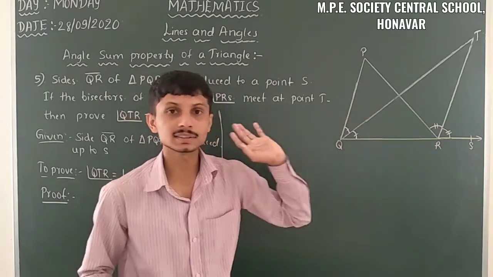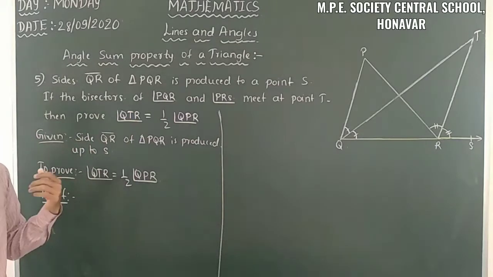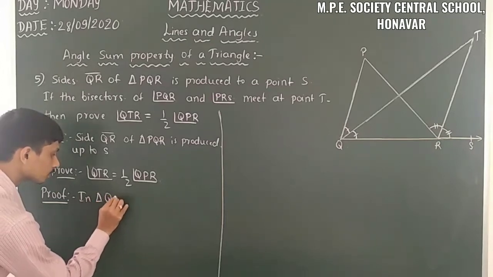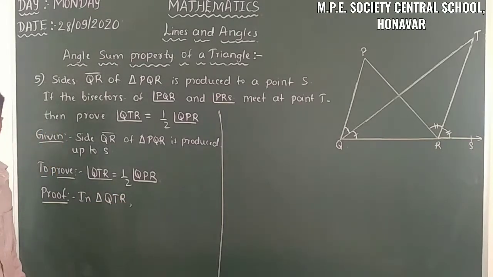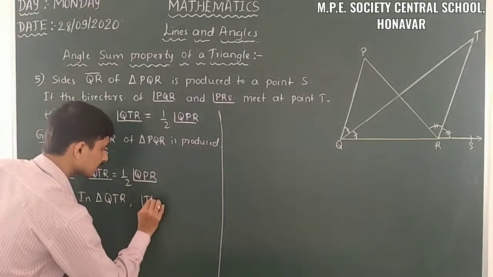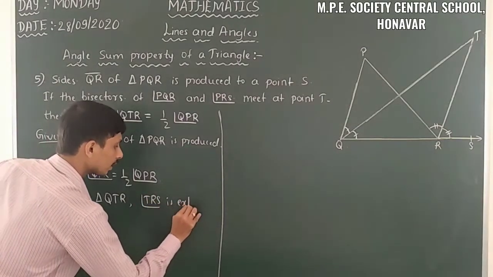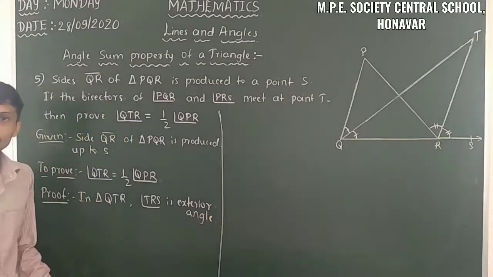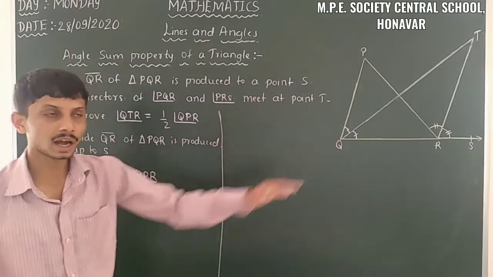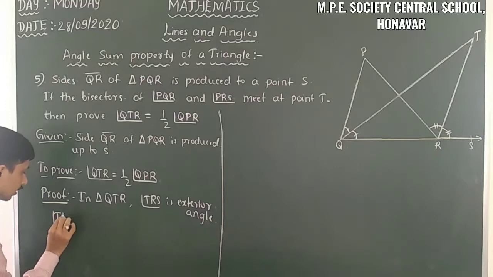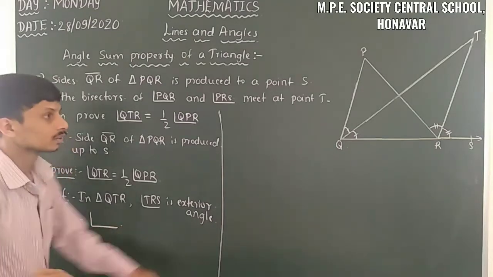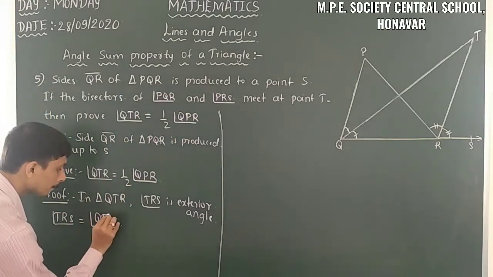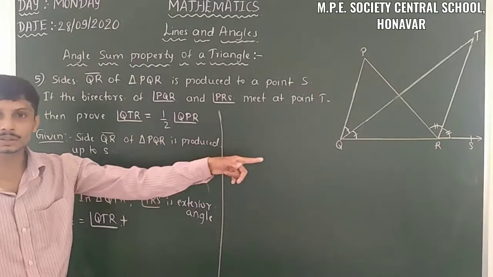Firstly, I will take TRS as the exterior angle. So in triangle QTR, TRS is the exterior angle. Then, according to Theorem 6.8, angle TRS is equal to the interior opposite angles, that is angle QTR plus angle TQR.